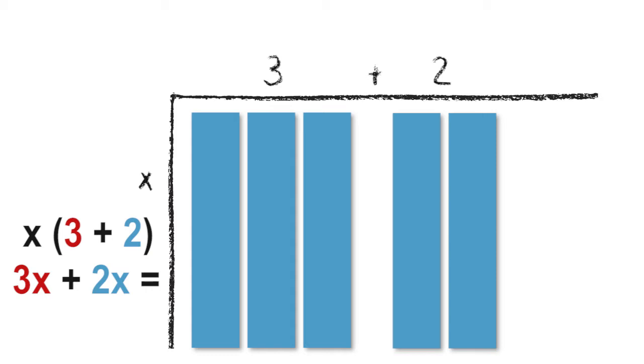When we apply the distributive property to generate an equivalent expression, the x is multiplied by the 3 to equal 3x, and then the x is multiplied by the 2 to equal 2x. 3x plus 2x is equivalent to the expression x multiplied by the sum of 3 plus 2.